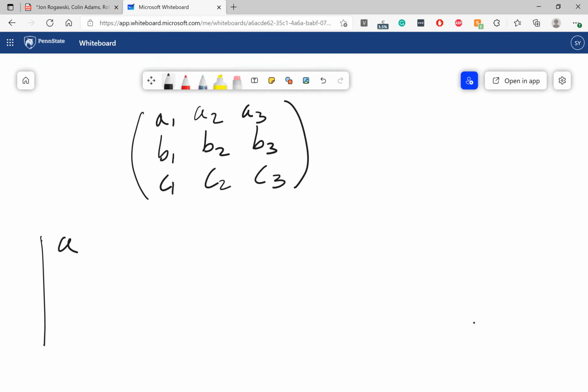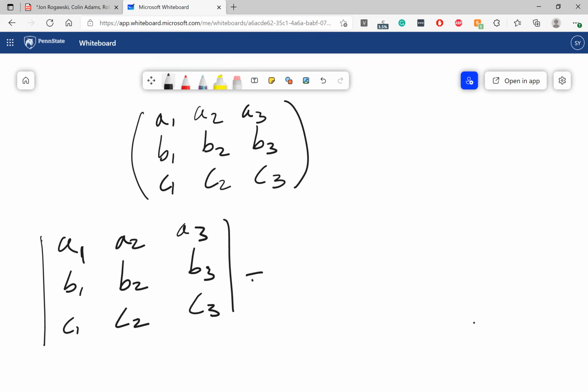We put these coefficients between straight lines.